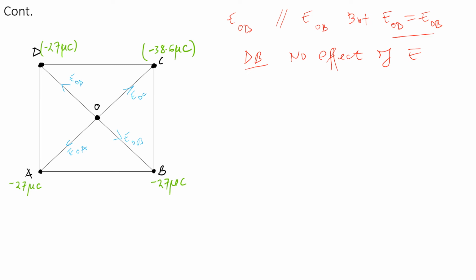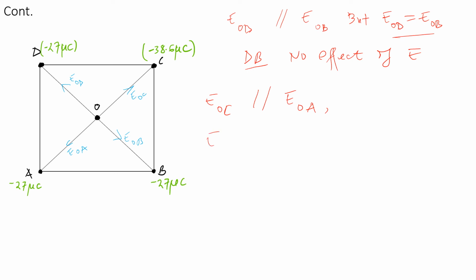Let's go to E at O due to C, which is in line with E at O due to A. These are not equal. They are different. So the electric field intensity at O is only due to the fields EOC and EOA, because they are not equal and they are in line.